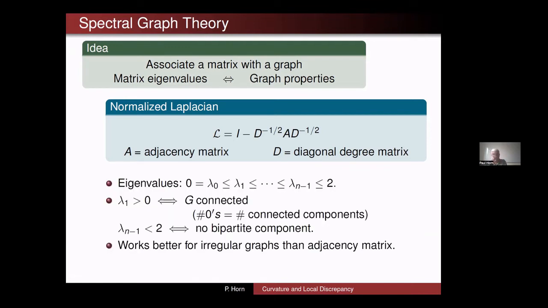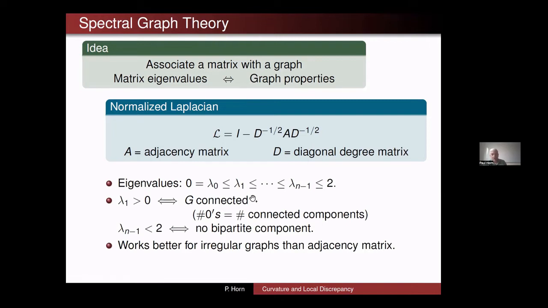All right, now for this matrix, it's been normalized, so now the eigenvalues live between 0 and 2. Again, the number of zeros is telling you the number of connected components. So you always have this eigenvalue of 0, and if the next eigenvalue is separated from 0, then you're connected.